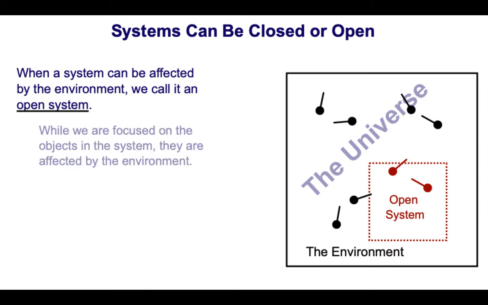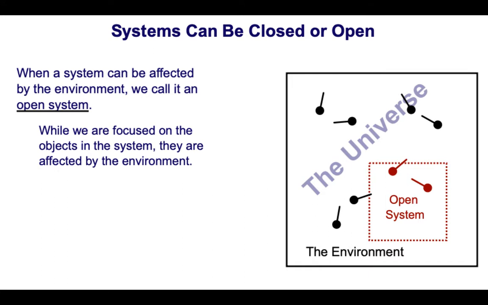That means we have to consider the ways in which the objects are affected by the environment while still focusing on only the objects inside the system that we're measuring and calculating information about.